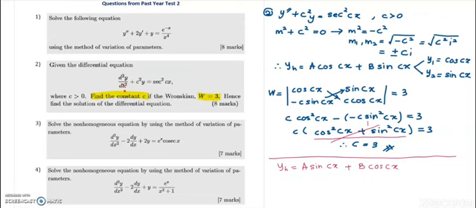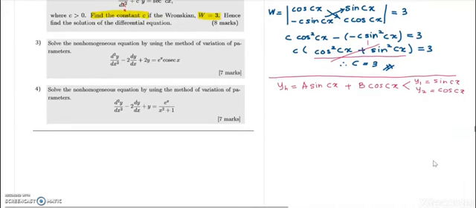This is correct, you can swap which one is the first term. When you have yh in this form, most likely you will write your y1 to be sine cx and your y2 equals cos cx. Based on this, the student will write W as sine cx, the derivative of sine which is c cos cx, and somewhere here is the y2, which is cos cx.